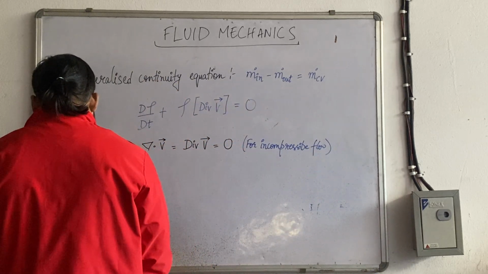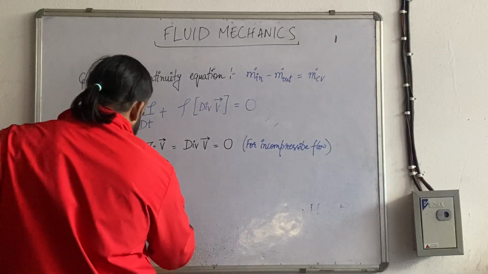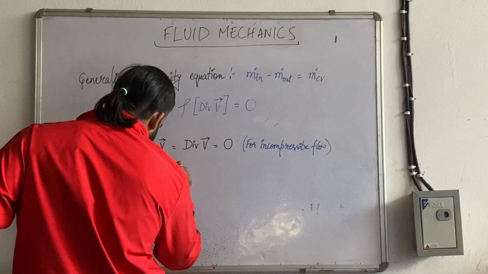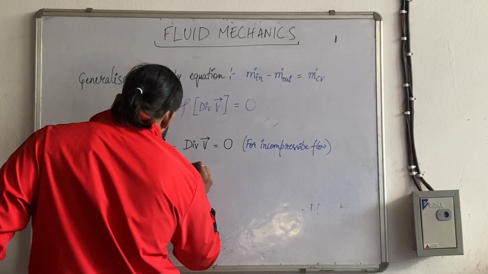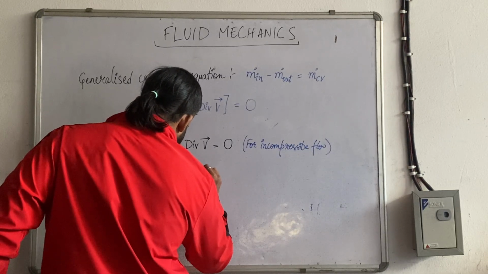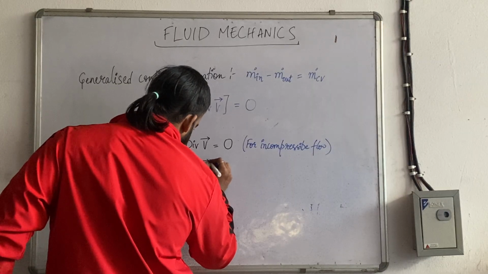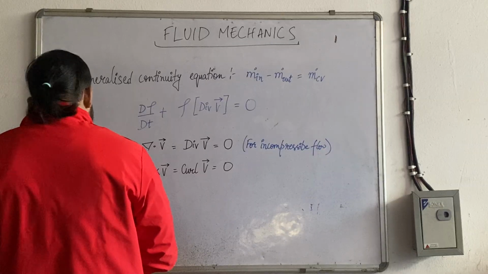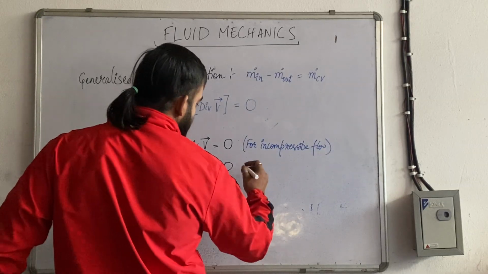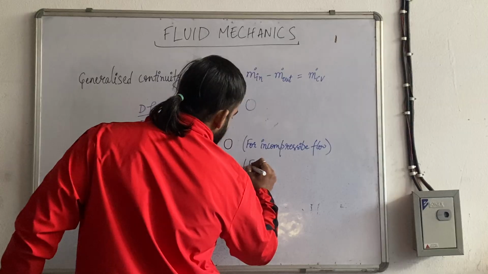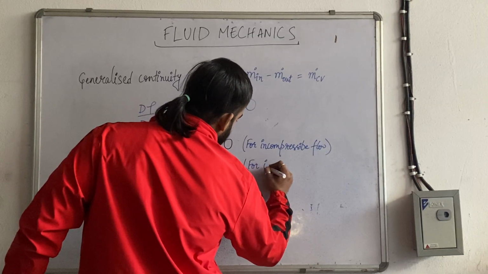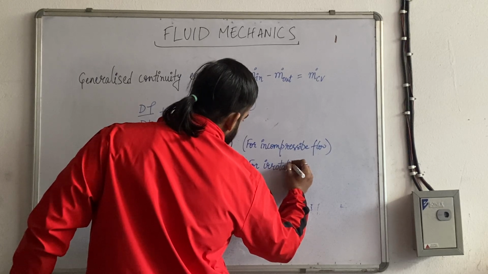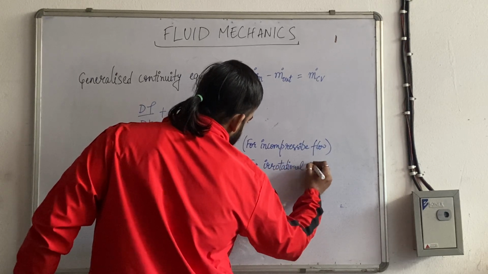Similarly, we can write it as del cross v vector, which is the curl of v vector, which is equal to 0 again, and this is for irrotational flow.